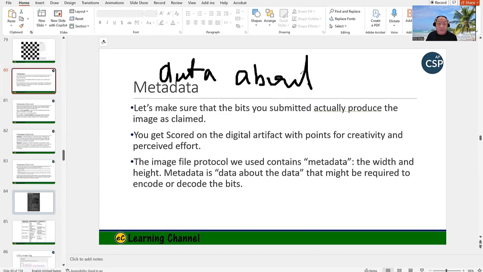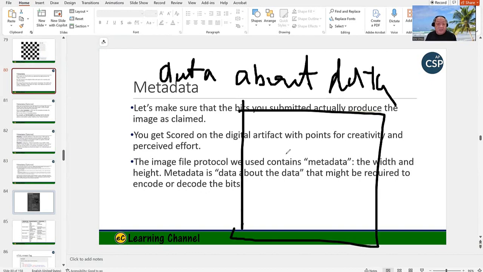So what does it mean by data about data? So let's assume that I send you a JPEG file, but you do not know what kind of JPEG I'm sending. Is that black and white, or is that halftone, or is that gray level JPEG, or is color JPEG?